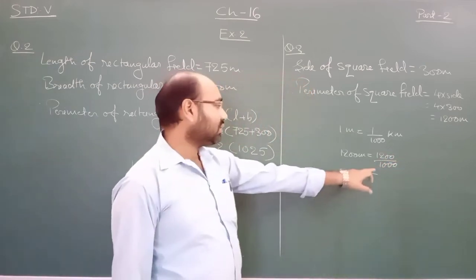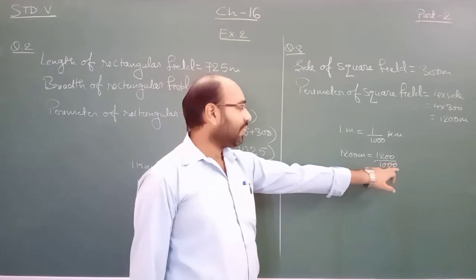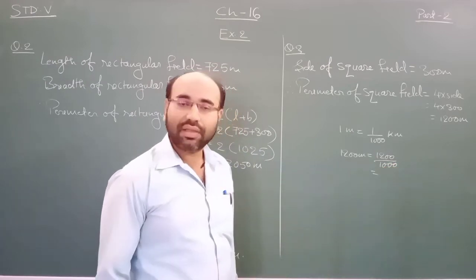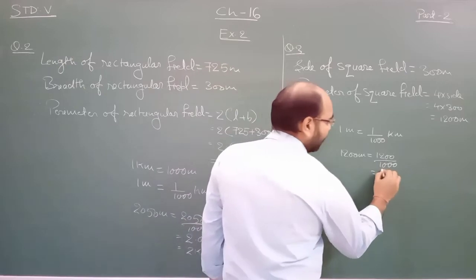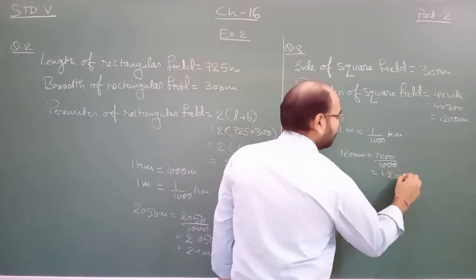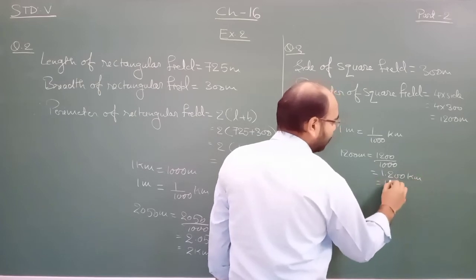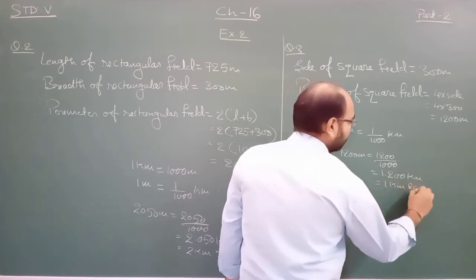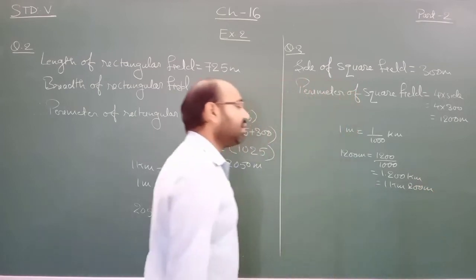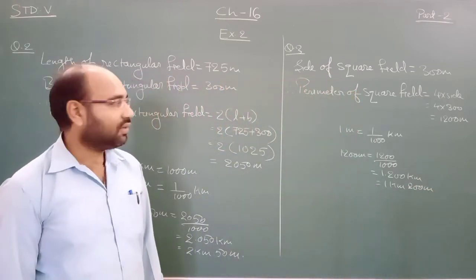So there are 3 zeros, so after the point there should be 3 digits. So it will come as 1.200 kilometer. And if we want to write, 1 kilometer and 200 meter is our answer.